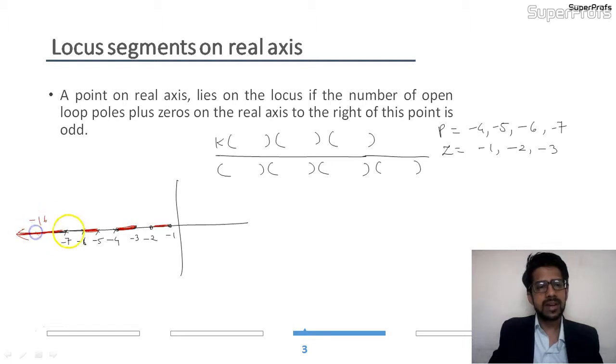So on the right hand side you have 7 poles and zeros, which are odd, and that's why this part also lies on the root locus. If you remember, we had the diagram as this, which is nothing but a circle. Sorry for my drawing here, but this is how our diagram looked.